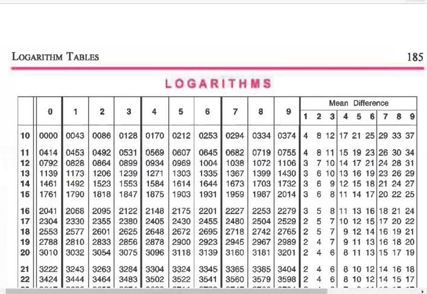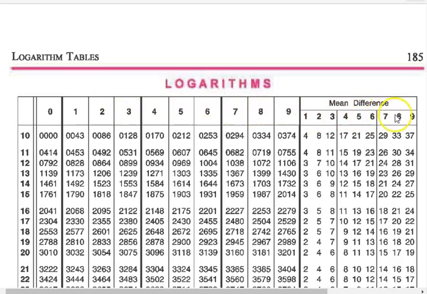So let's go to our logarithm table. This is 17. Be careful, you are making use of the logarithm table and not the anti-logarithm table. So you see, this is the logarithm table. So this is 17. Are you with me? 17 under 8. These are the under 0, 1, 2, 3, 4, 5, 6, 7, 8, and 9.